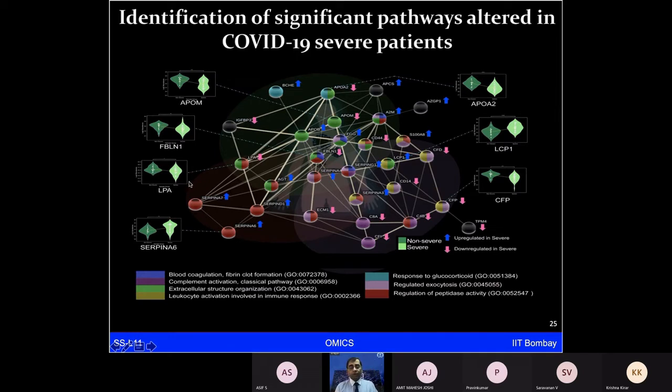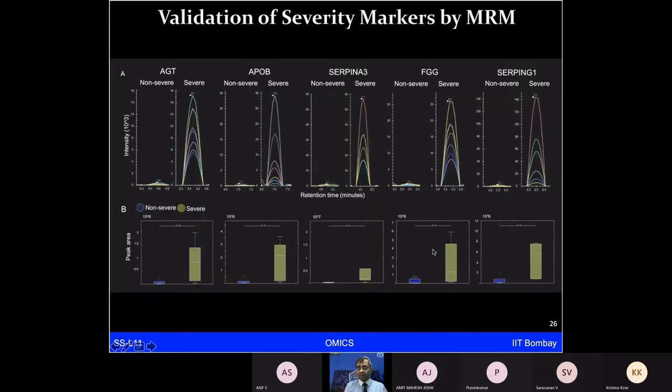Some of these proteins, shown in the insets in these box plots or violin plots, are also known protein markers currently being used in the clinics. But we can now see a much better, bigger and clearer picture of what is happening. There are different pathways where most of these proteins are changing in COVID non-severe versus severe patients, and can we use that to develop these tests?